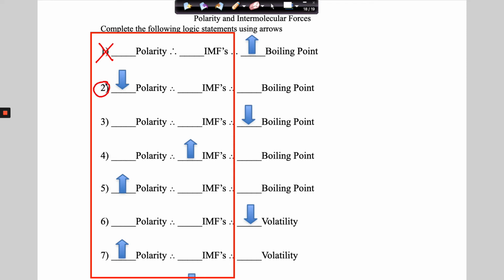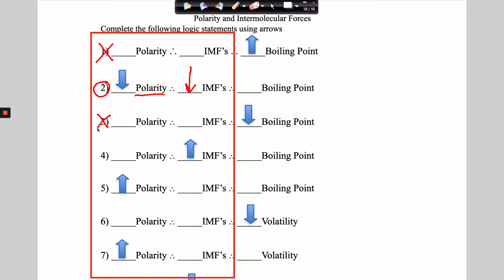And guys, this is what it's saying. Do this with me. If you have a molecule with a low polarity, the down arrow means low. Low polarity, will that have strong or weak intermolecular forces? Weak. Therefore, the IMFs are weak. Number 3, you can't do because you have no information. Now, guys, what about this?